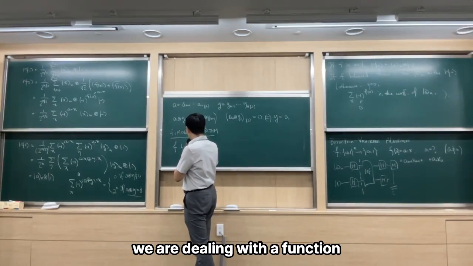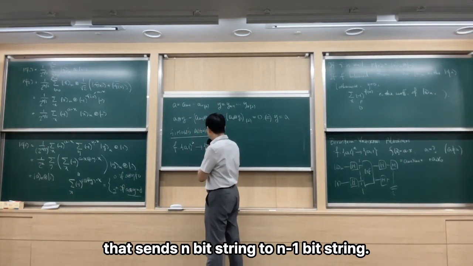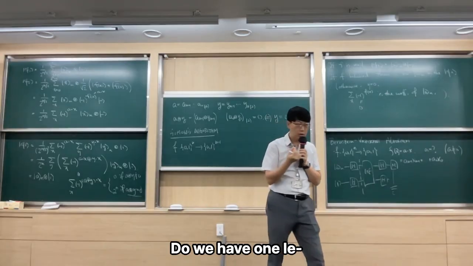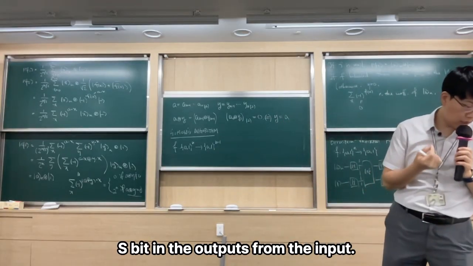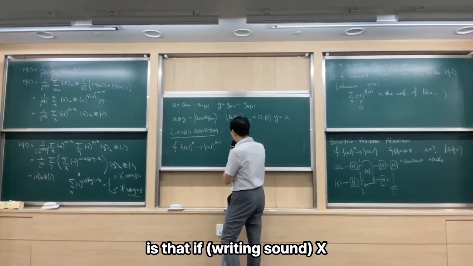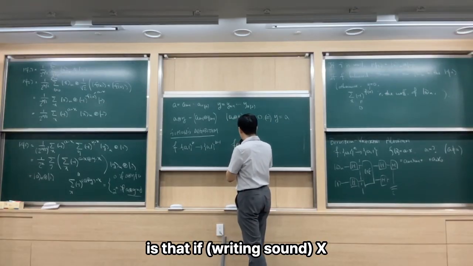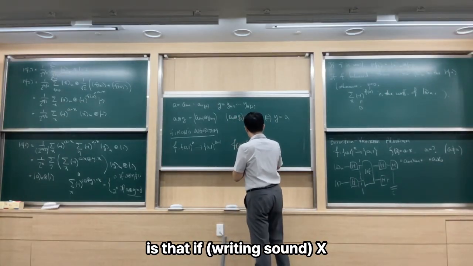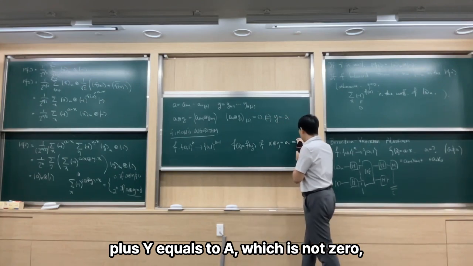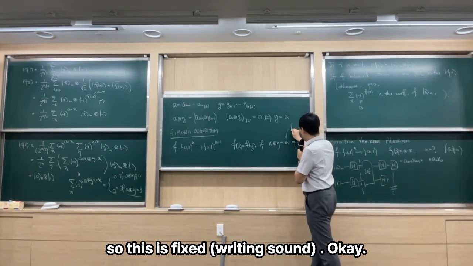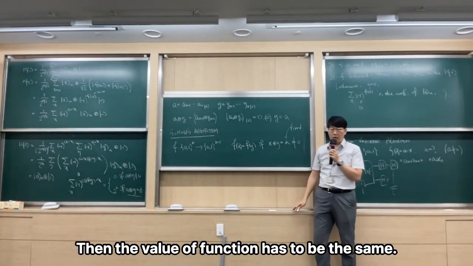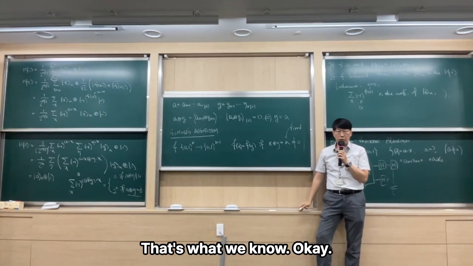Now we are dealing with a function that sends an n-bit string to an n-1 bit string. So we have one less bit in the output than the input. And all we know is that if x plus y equals a, which is not 0, so this is fixed, then the value of the function has to be the same. That's what we know.